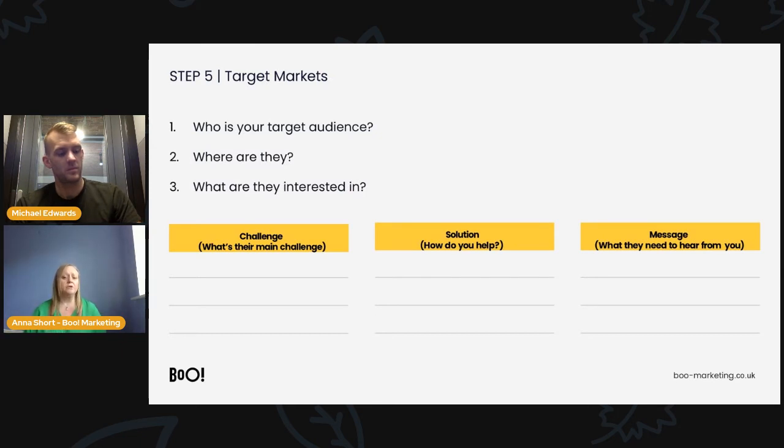So note down those main challenges that come about from those initial conversations you have with your target audiences. And then note down the specific solution that you provide them with, how you solve that challenge, that problem, how you make their life easier. And once you've done that, you can then start to create a message really easily that talks into that challenge.